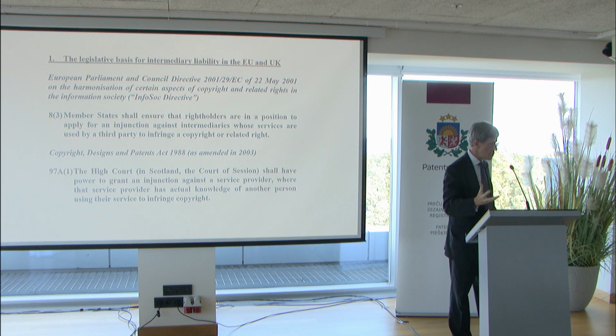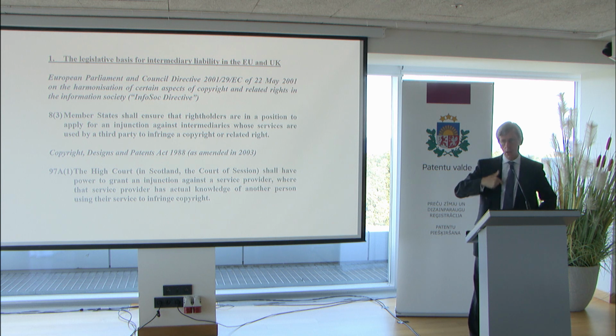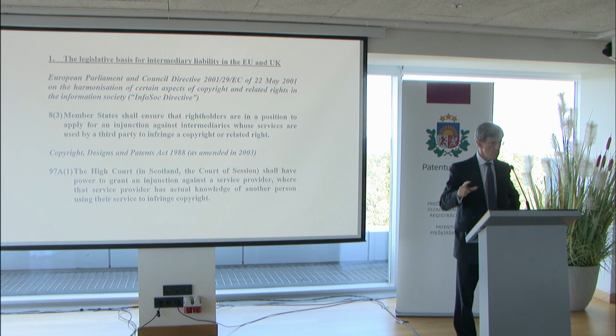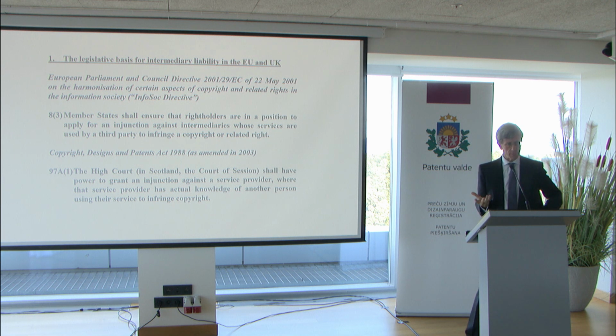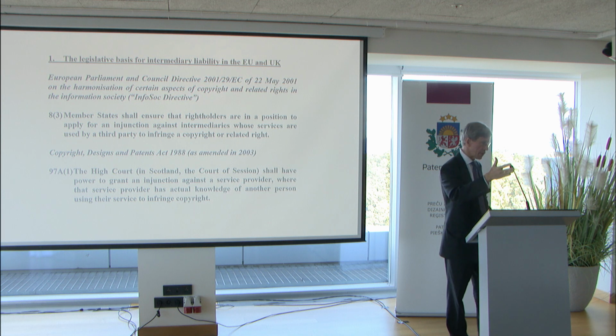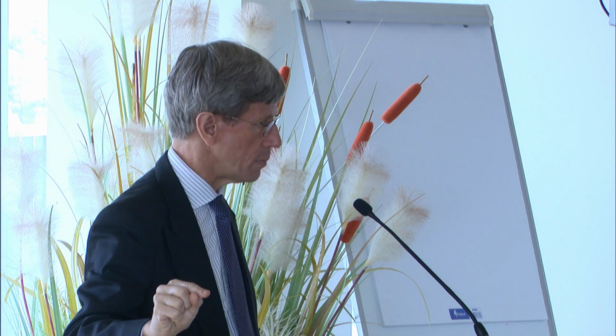Now, the next thing you need to bear in mind is the distinction between negative injunctions and positive injunctions, prohibitory and mandatory. So an injunction may be to tell someone not to do something in the future, that's negative or prohibitory, or it may be an injunction requiring them to do something in the future, that's a positive or mandatory injunction.